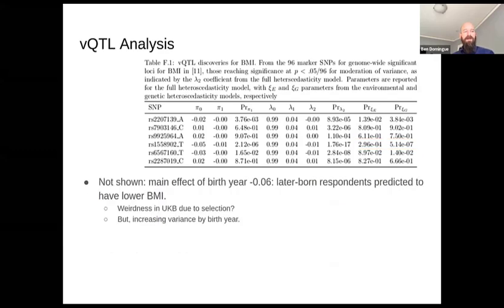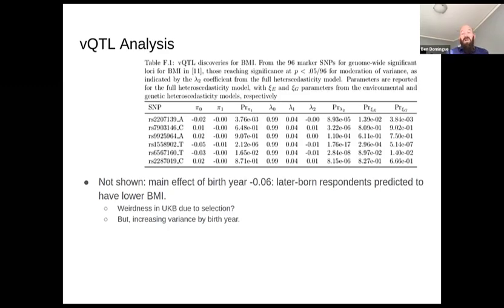Now, this is the thing I wanted to note, going back to Alberto's earlier point. When we look at the main effect of birth year in the UK Biobank data, we get a negative coefficient, suggesting that later born respondents are predicted to have lower BMI. That is highly inconsistent with a lot of epidemiological evidence.